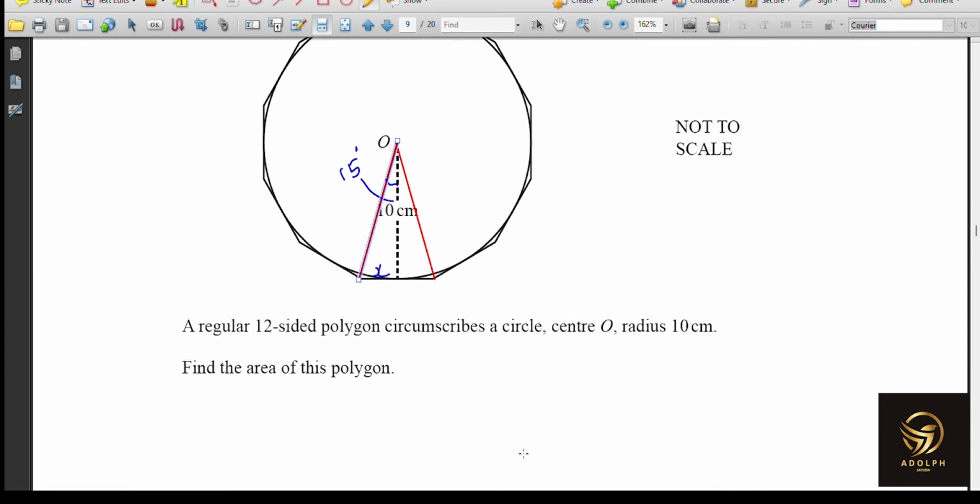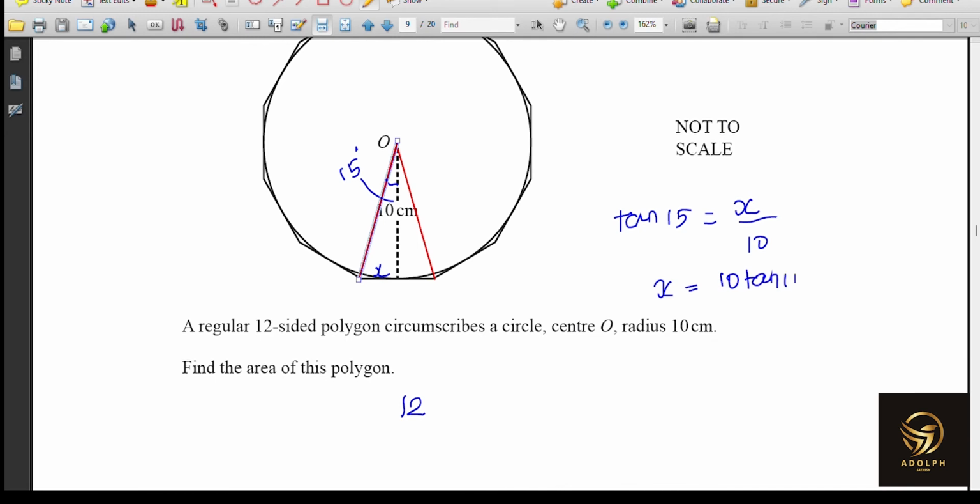So what I have to do here, I have 12 sides. First I will find the x value. It's the opposite side, so tan 15 equals the opposite side, that is x, divided by the adjacent side, which is 10. Since I have to find x, I can write it as 10 tan 15.